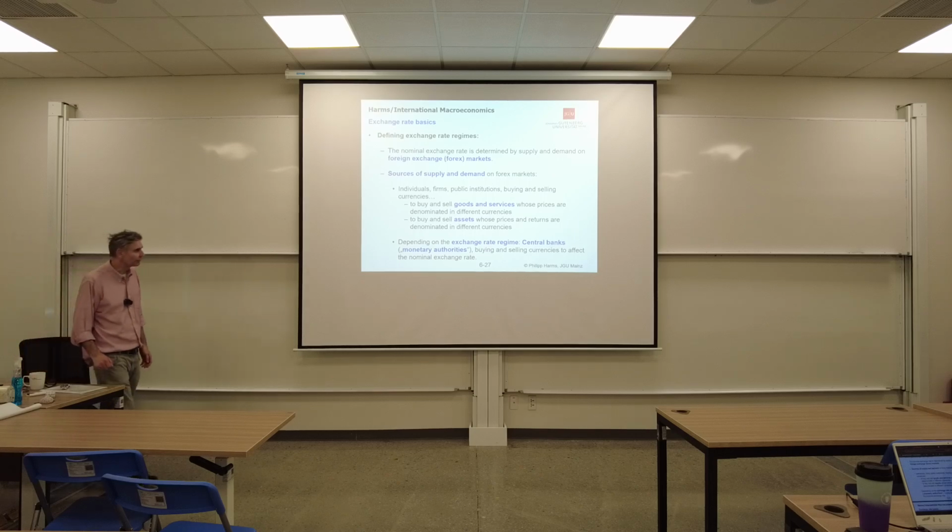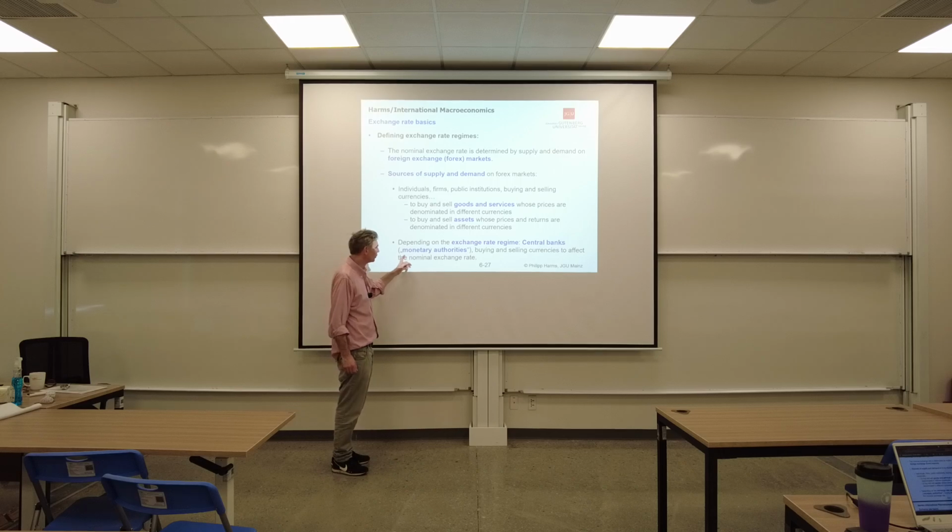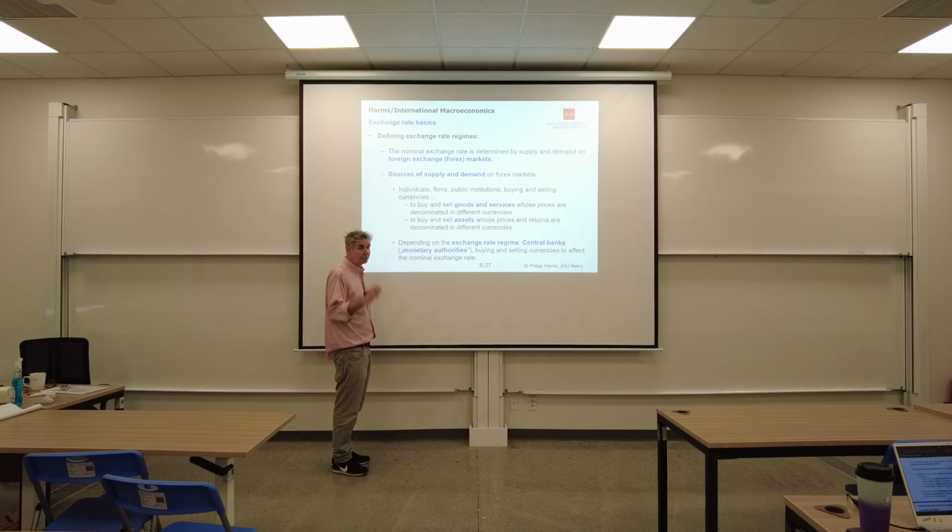Now, depending on the exchange rate regime, central banks, or more generally monetary authorities, buy and sell currencies to affect the nominal exchange rate. If the exchange rate is flexible, then the central bank does nothing. If the exchange rate is fixed, then the central bank has a mandate to what we call defend the peg.